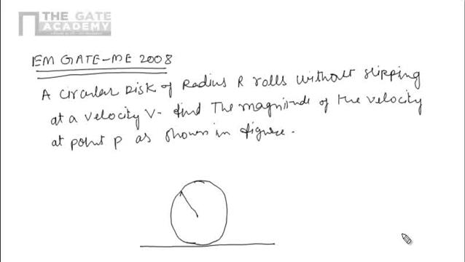The radius is r here. And we are having the point P here, which is making an angle 30 degree, and which is moving with a linear velocity v. And suppose this point is O. Now we are interested in velocity at point P. So we are interested in Vp.